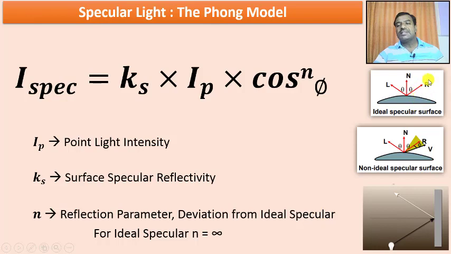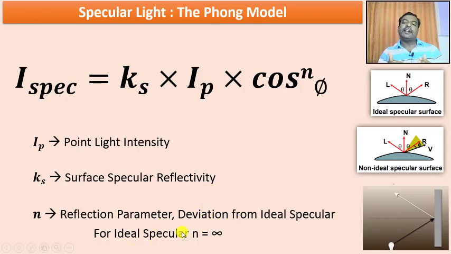Now from this I am going to derive what n is going to be. This is going to be the ideal reflecting ray, and whenever we have ideal specular, the value of n is going to be infinite. If you want to have one sharp bright spot, the n value should be infinite.